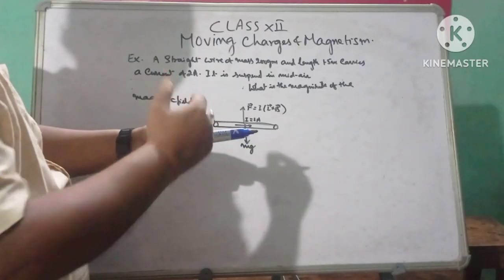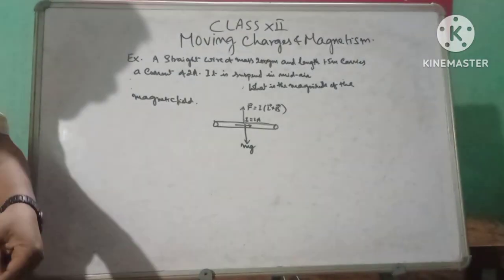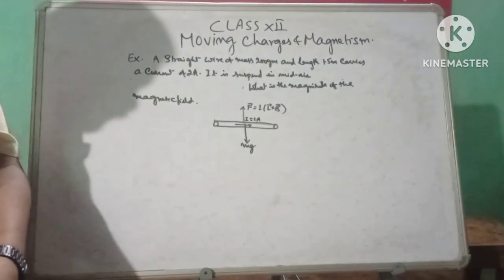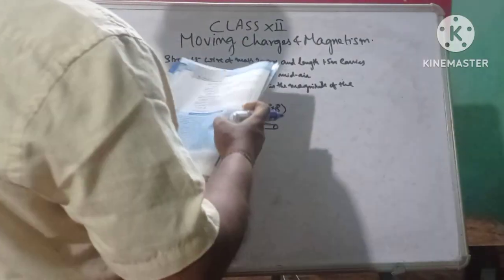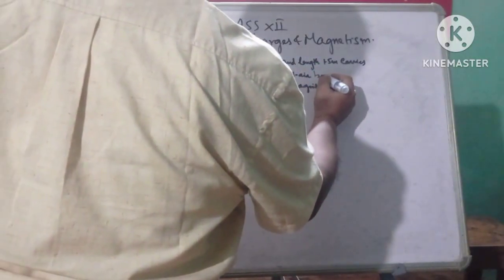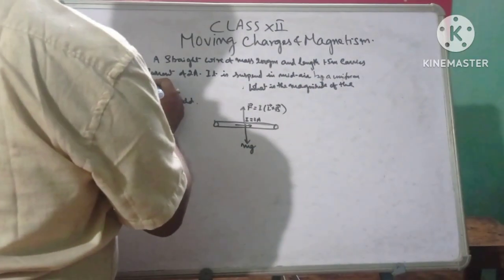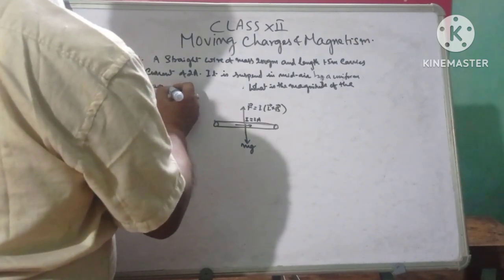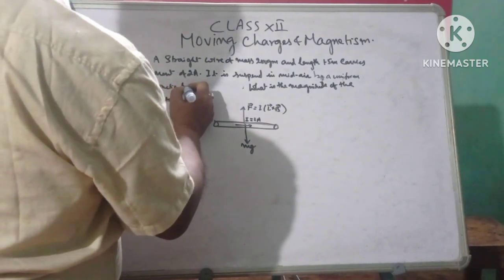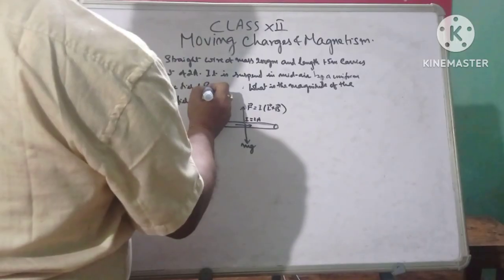So your magnetic field is horizontal. Yes, you can take this, your magnetic field is horizontal, by a uniform magnetic field. Now it is all clear here.